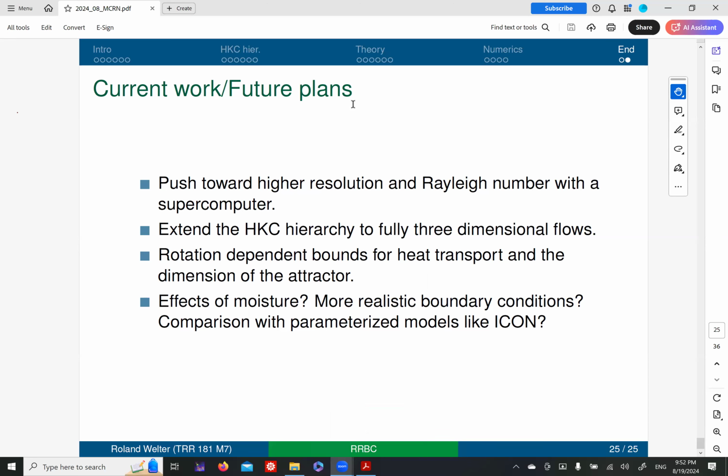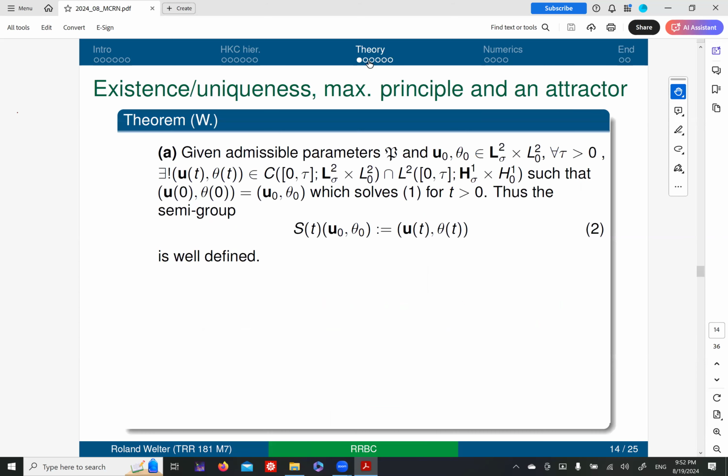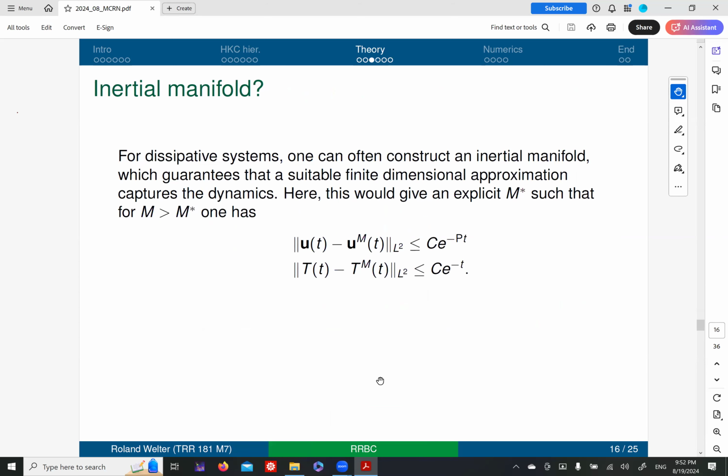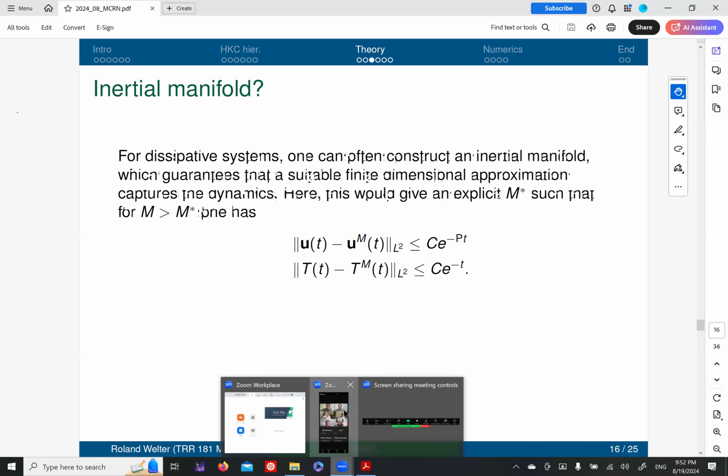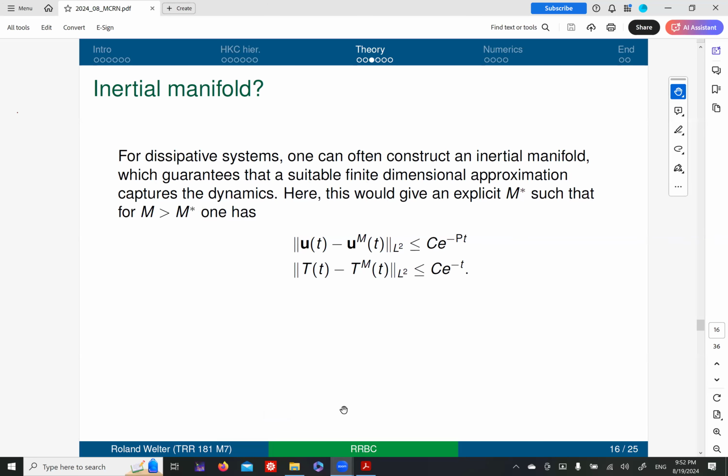Yeah. This approach that I was mentioning about inertial manifolds really seems like, if it could be done, it would be everything that you would want.